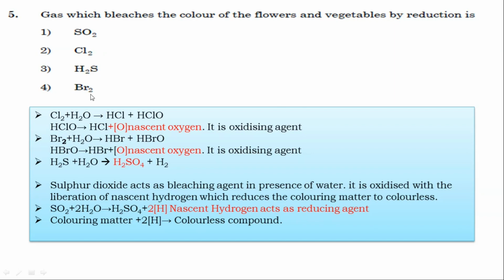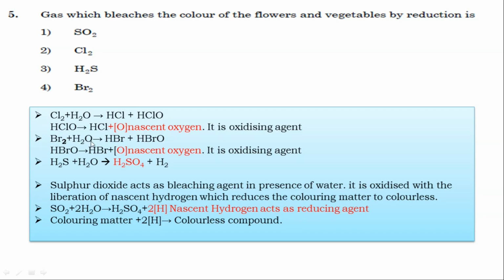HClO gives HCl plus nascent oxygen. This nascent oxygen is a good oxidizing agent. So chlorine with water is a good oxidizing agent. Similarly, bromine reacts with water to give nascent oxygen, so bromine is also an oxidizing agent.